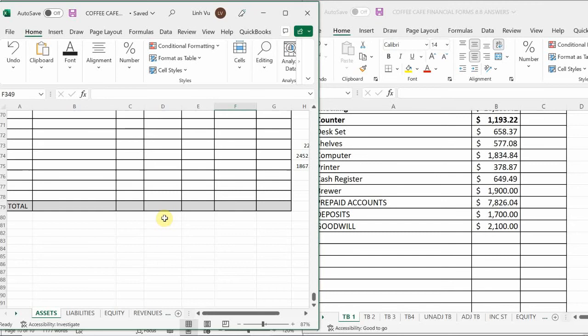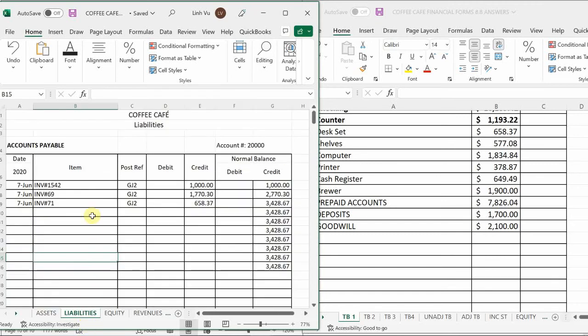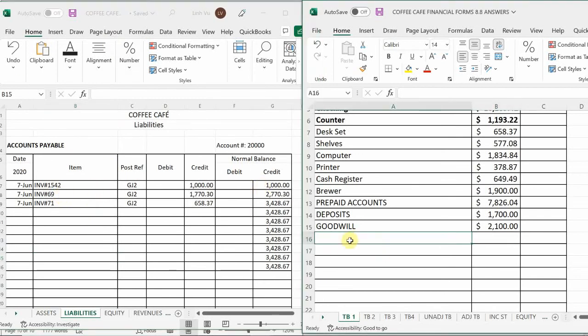I need to now complete the next account type. I need to see my liabilities. So in this case, what are my account balances for my liabilities? Starting with accounts payable. How much do I owe?